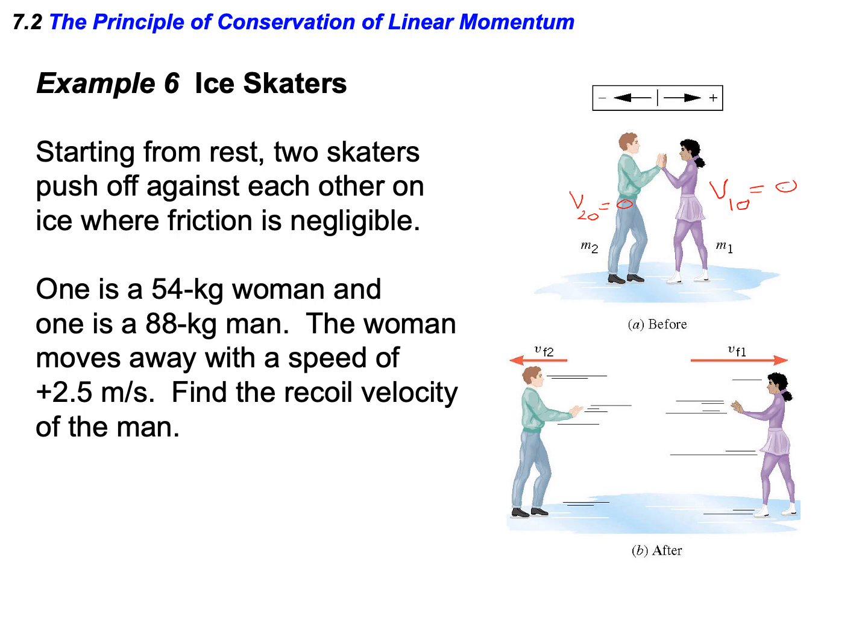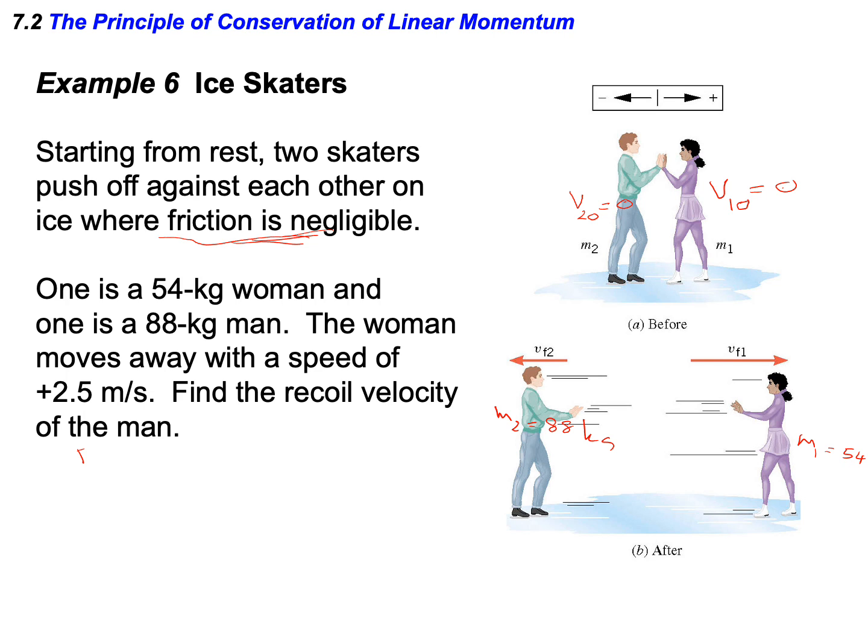So mass of the man, I put 2, is 88 kilograms. Mass of the woman, M1, equals 54. The woman moves away with a speed of 2.5 meters per second. Find the recoil velocity of the man. Friction is negligible, which means external forces are 0. So therefore we can use the conservation of momentum equation.